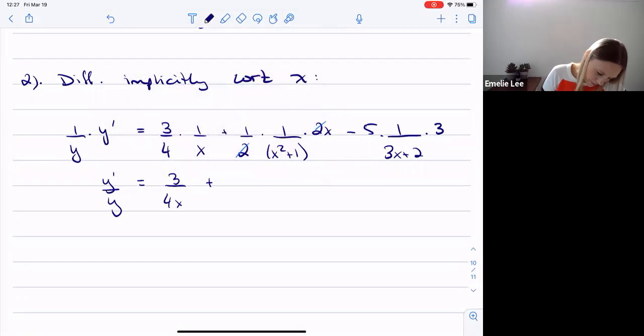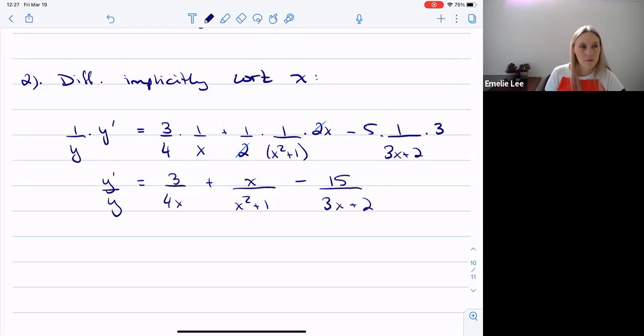So I'm going to end up at x over x squared plus 1 minus 5 times 3 is 15. And then there's nothing I can cancel with, right? Because I need to have a common factor. So I can't cancel anything. So it's just minus 15 over 3x plus 2. Nice.